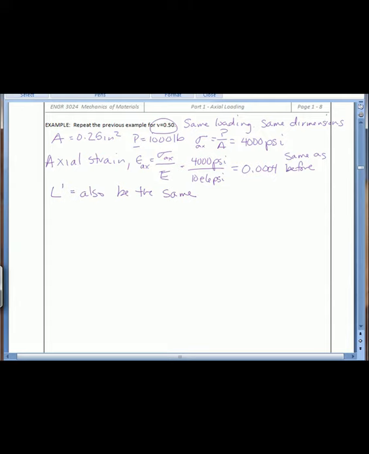You're going to have 0.004 elongation. So our L prime is 10.004 inches.